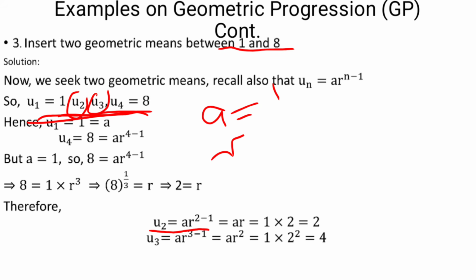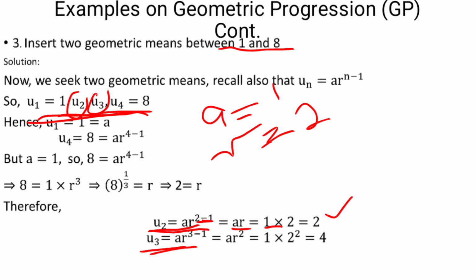We have r, we have found it to be 2, right? So we just substitute to solve for u2 and u3. For u2, wherever you see a and n and r, a is 1, r is 2, and the power is 2 minus 1, right? So that's how we got this value here.